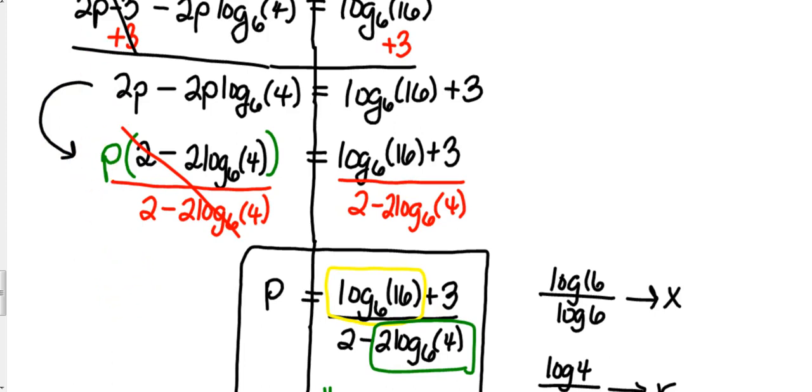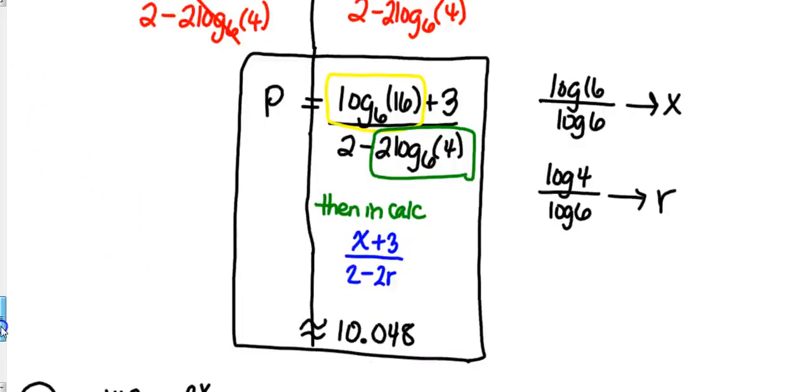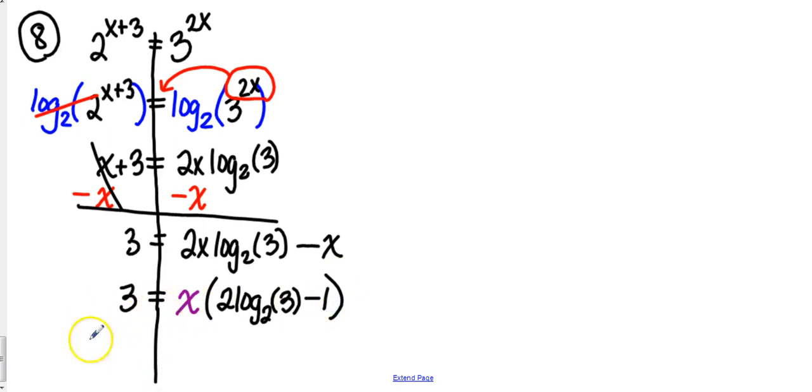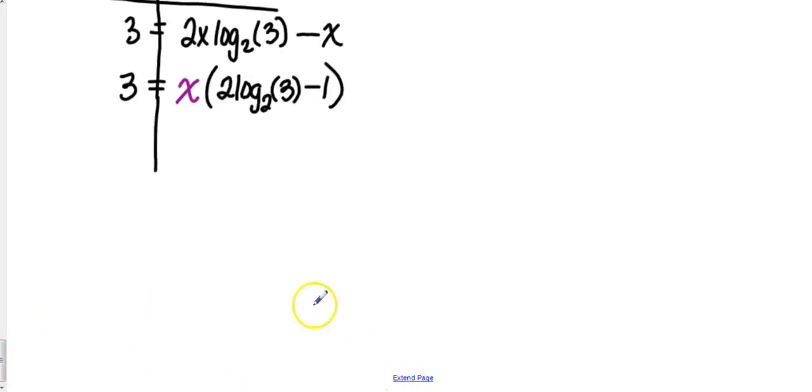Well, up here when we saw p present in both terms, we factored it out. So same thing's going to happen here. Let's factor out x. That will leave behind 2 log base 2 of 3 minus 1. These are now factors, x times this.